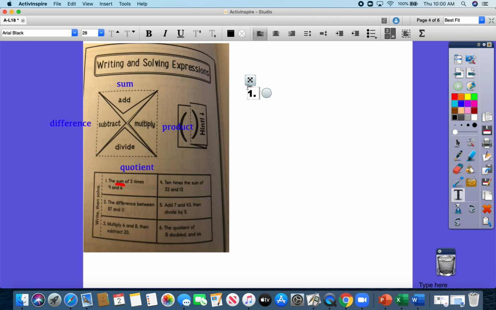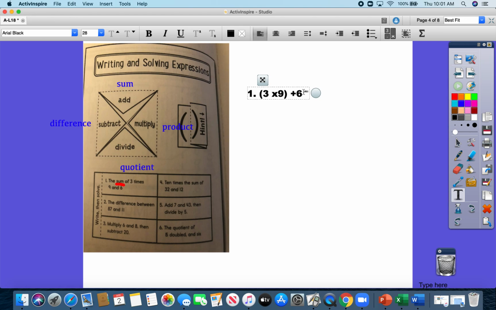So the sum of 3 times 9, okay, 3 times 9, and then I have to add 6. But ask yourself, why is the word sum there? What do I need to multiply first? The 3 times 9. So we're going to put that in parentheses.